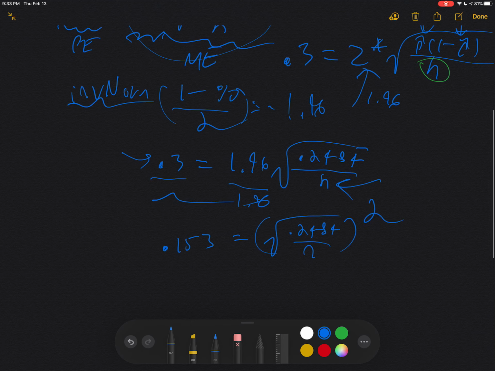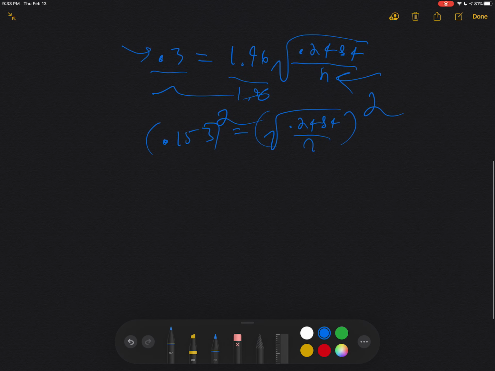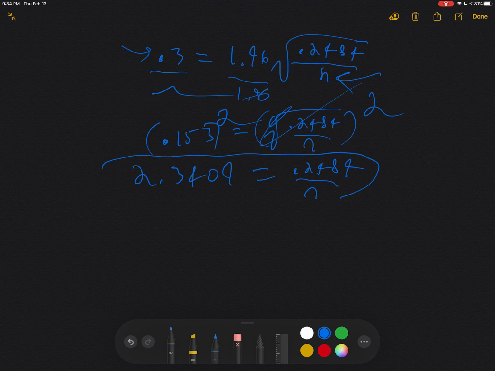We can square both sides, and then we have 0.153 squared, and we just get rid of the square root, 0.2484 over n. Then, using some fun algebra, we can move the n over to this side and divide.